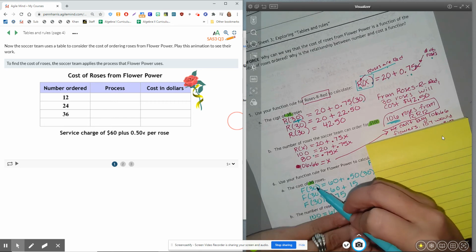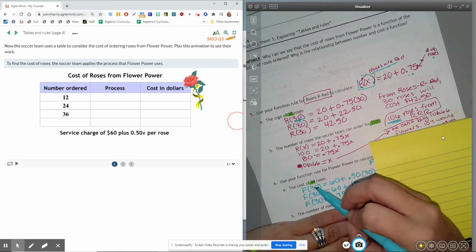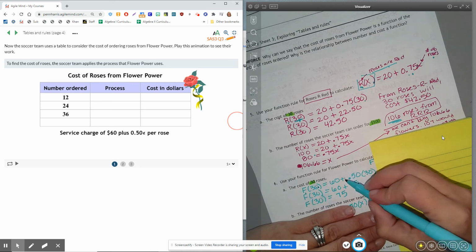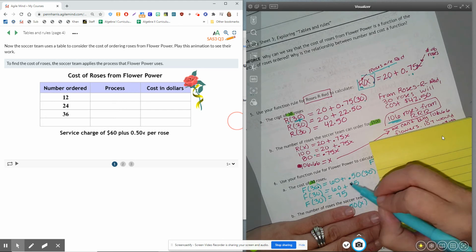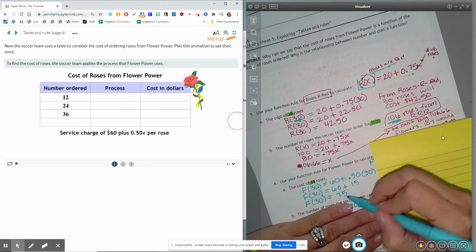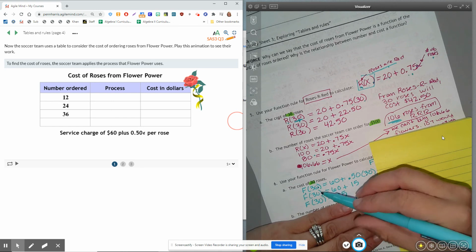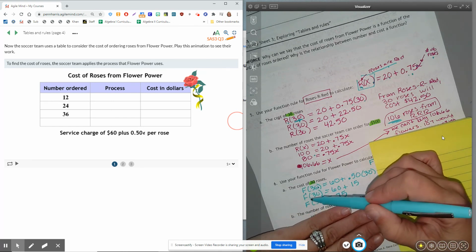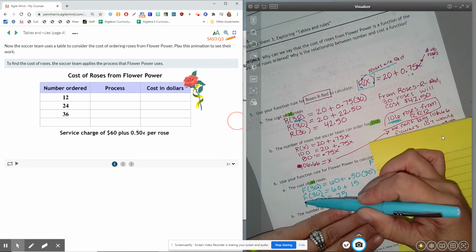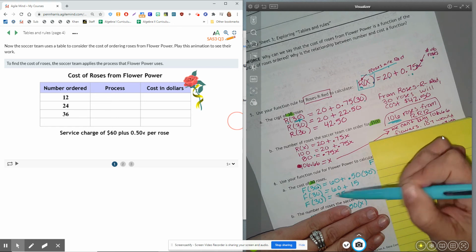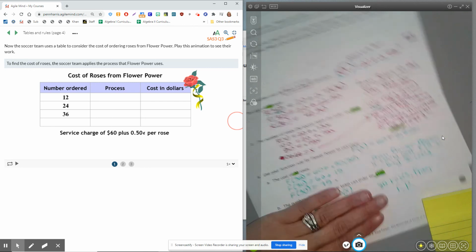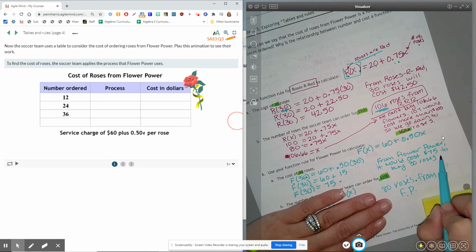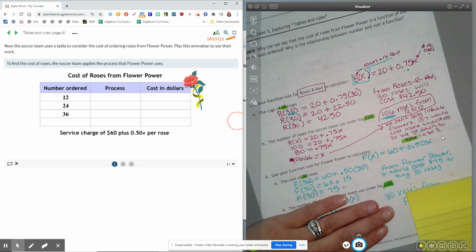So 30 roses from Flower Power is going to cost us $60 plus 0.50 times 30. That simplifies to 60 plus 15, which simplifies to 75. I would read this answer as 30 roses from Flower Power cost $75. The function of 30 equals 75. And again, from Flower Power, it would cost me $75 to buy 30 roses.